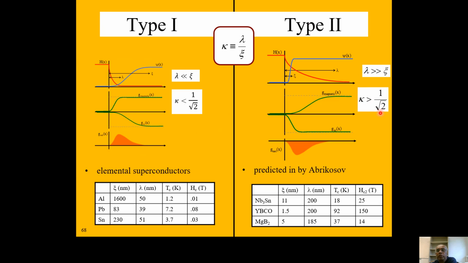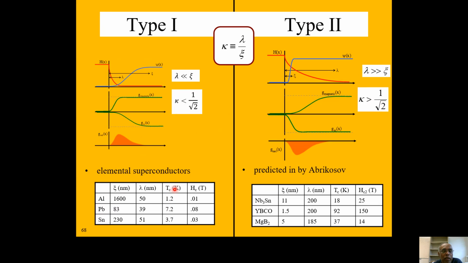Now if you compare, typical type 1 superconductors are the standard BCS superconductors like aluminum, lead, tin. They have a much larger coherence length compared to the London penetration depth, right? Because lambda is much smaller than xi.